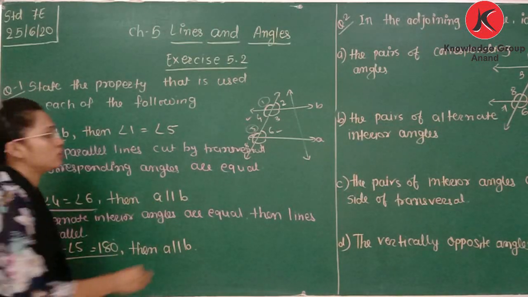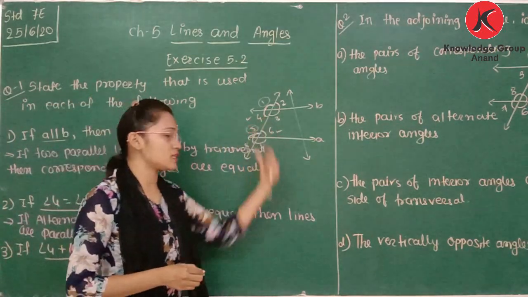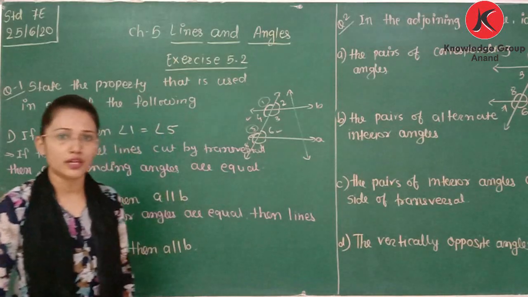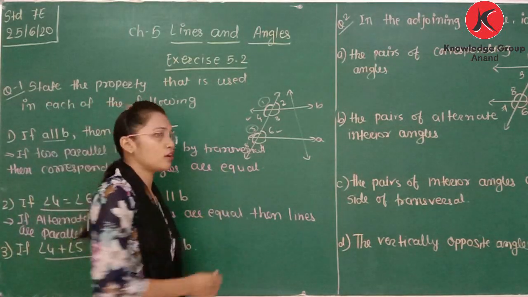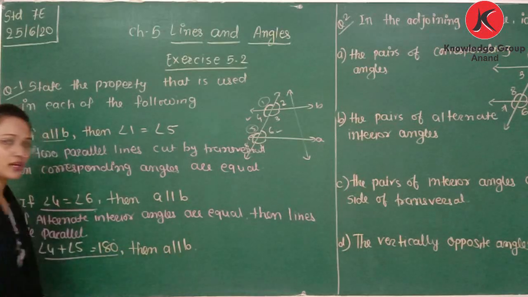Then the third one: if angle 4 and angle 5 sum is 180. Where is angle 4? You can see it is here and angle 5 is here. So which pair is this? These are the interior angles on the same side of the transversal. And they are supplementary, then the lines are parallel.